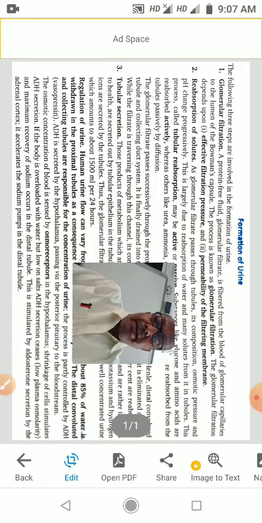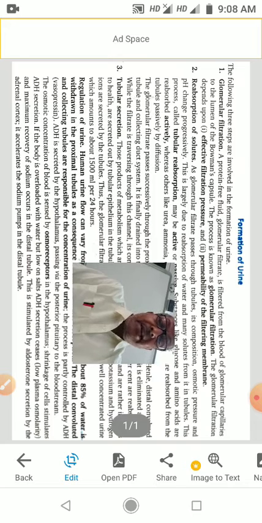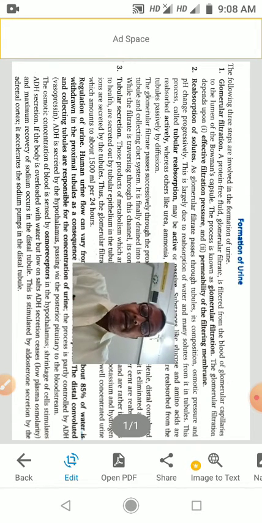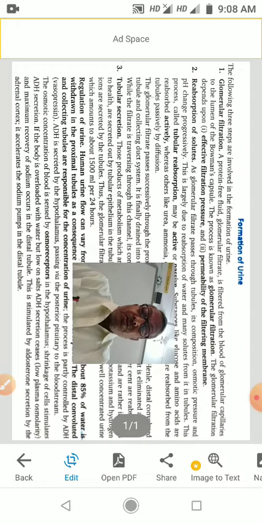After that, it will pass into the loop of Henle. In the loop of Henle, there is absorption of water, sodium ion, potassium ion, and chloride ion. Water is reabsorbed in the descending limb of the loop of Henle. Sodium ion, potassium ion, and chloride ion are reabsorbed in the ascending limb.